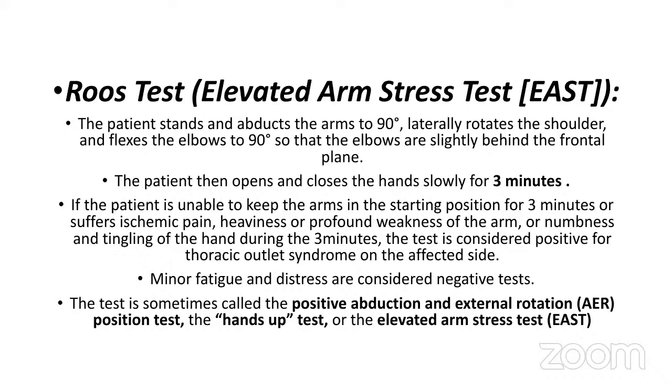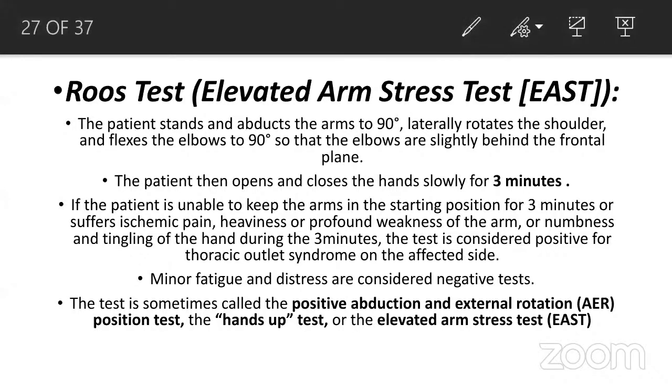As we had seen earlier, abduction and external rotation put tension on the lower part of the brachial plexus and blood vessels. Minor fatigue and distress are considered a negative test. The test is sometimes called the abduction and external rotation position test, hands up test, or elevated arm stress test.